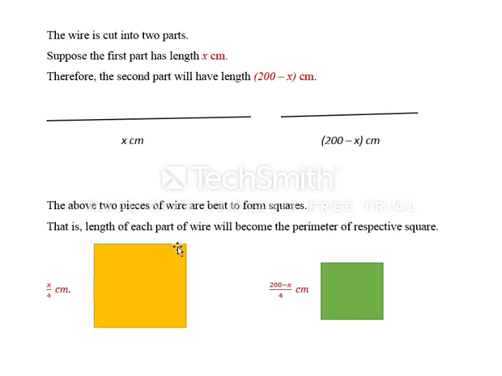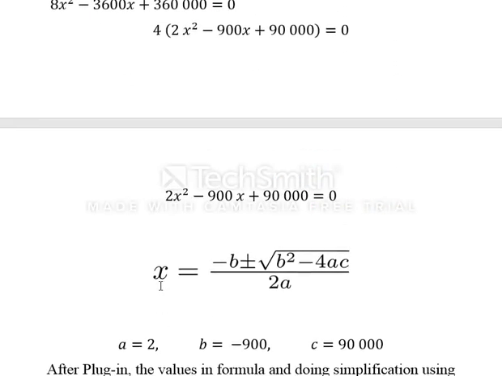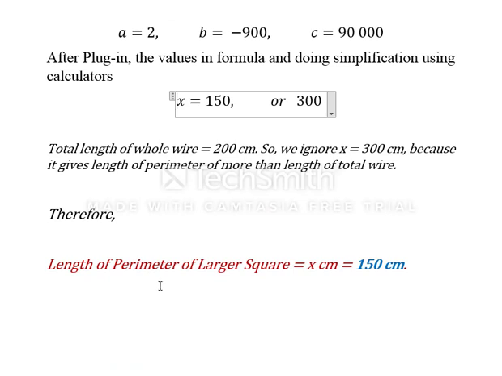The length of the boundaries of the larger square is called the perimeter. Therefore, the perimeter of the larger square will be 150 centimeter. So the answer to this question, the length of the perimeter of the larger square, that was x, is 150 centimeter.